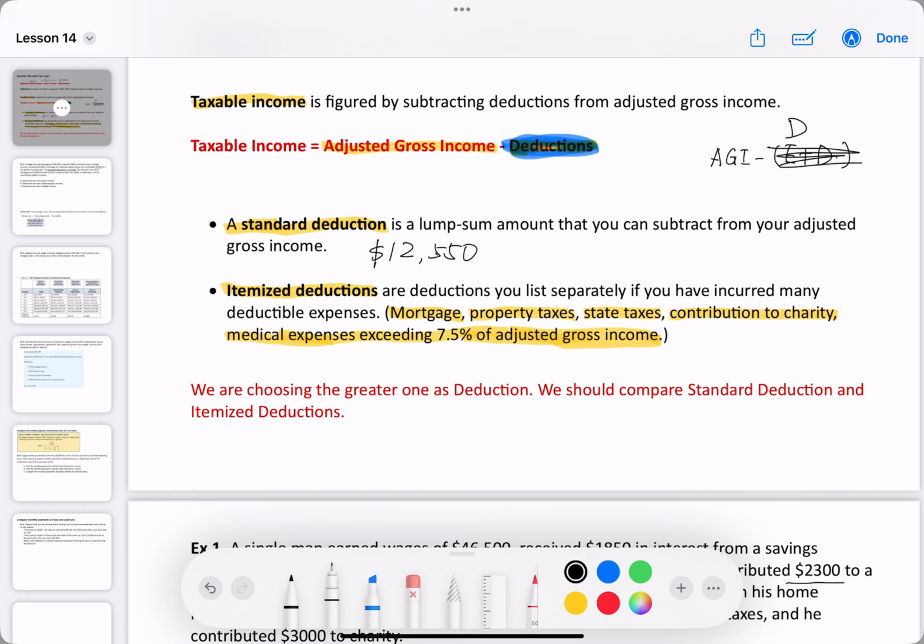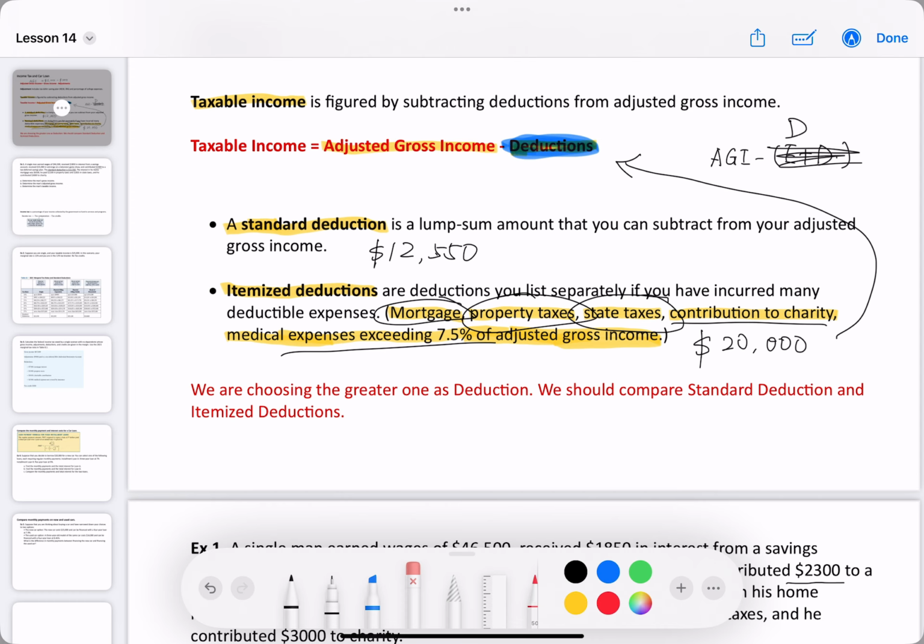And if you add your mortgage, property taxes, state taxes, and all of the others together, you got 20,000 each year. So your deduction must be the greater value. So I'm using $20,000 in the deduction part.